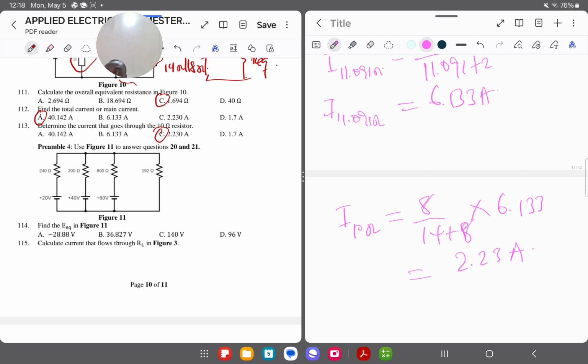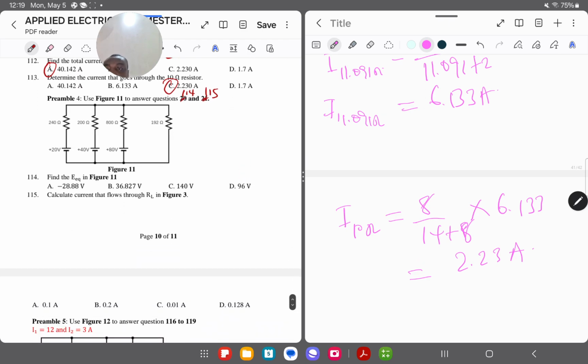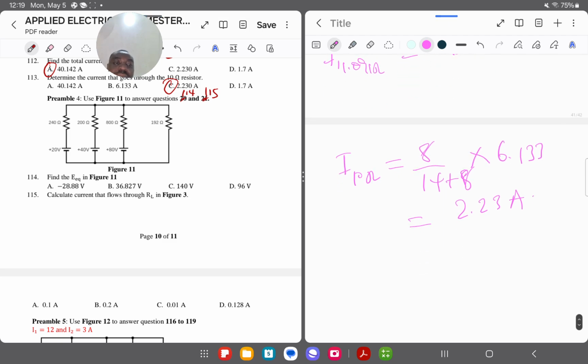So here the numbering is wrong. Here is supposed to be the first question that I've loaded. So that will be 114 and 115 here. So you have to use figure 4 to answer question 114 and 115.